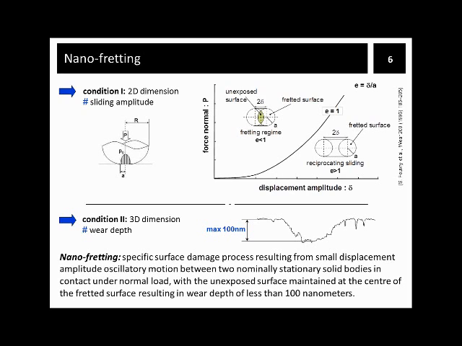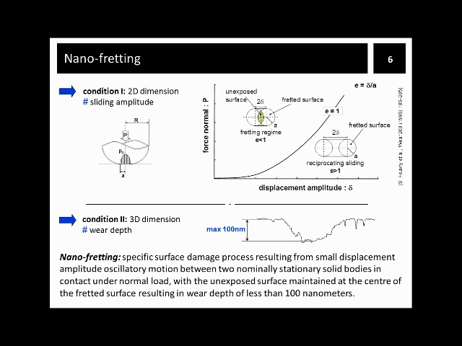And here we simply deal with the fretting situation if the ratio of a sliding amplitude and Hertzian contact radius is smaller than 1, and when there is an unexposed surface area maintained within the wear scar, which is shown here. Any situation with larger displacement amplitude is considered as a reciprocating sliding. So that was the first condition of the nano-fretting definition.